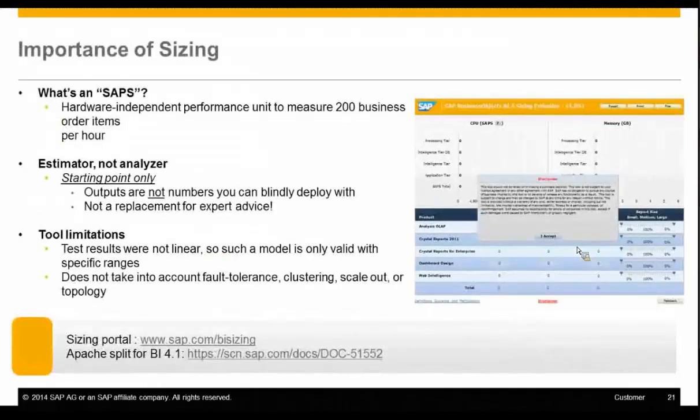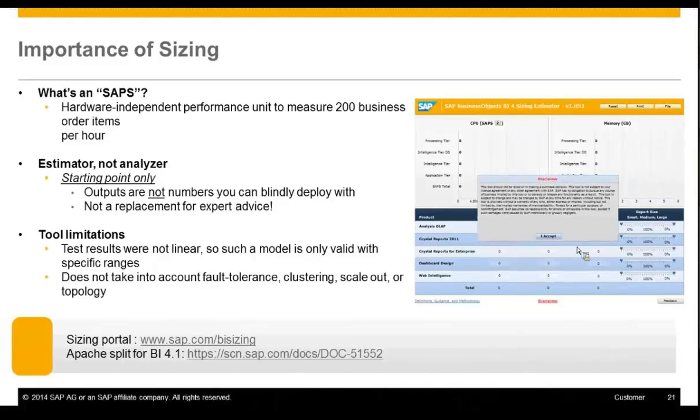The next one is sizing. I've done this webinar more than 20 times across the globe, and one important thing that keeps coming up is the importance of sizing, right? In the initial escalations, the customer situations that I supported, the environment was usually undersized, right?